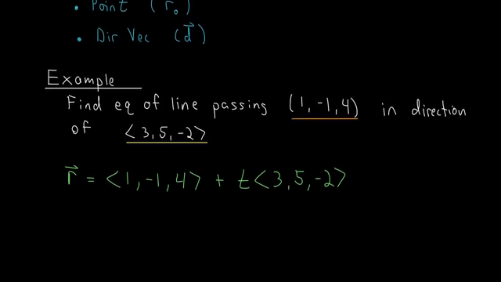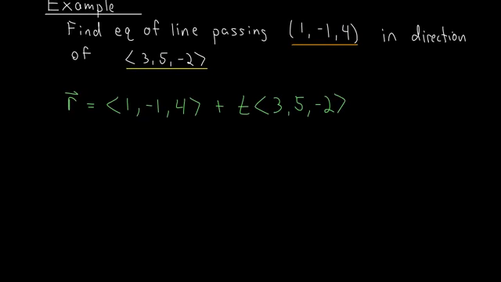Let's take it a little bit further, simplify, and talk about its parametric equation. First, let me do this in a bunch of steps because it's our first example. First thing is we can take this scalar, this real number t, our variable, and multiply it in. We get t times 3, so 3t, and t times 5, so 5t, and t times -2, so -2t.